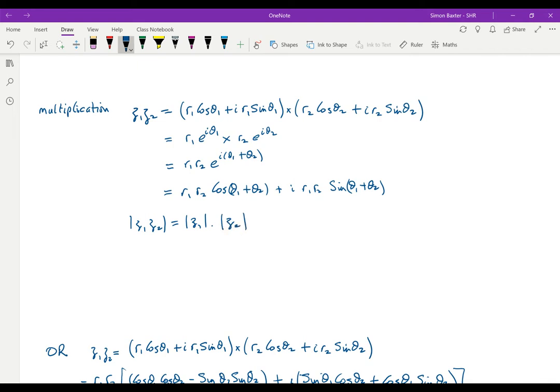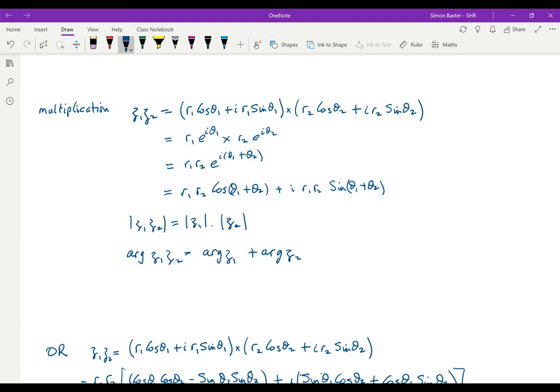And when you are multiplying them, you start with an argument of theta 1 and an argument of theta 2. You finish with an argument of theta 1 plus theta 2. So arg of z1 z2 is arg z1 plus arg z2. That is something that you are expected to remember.